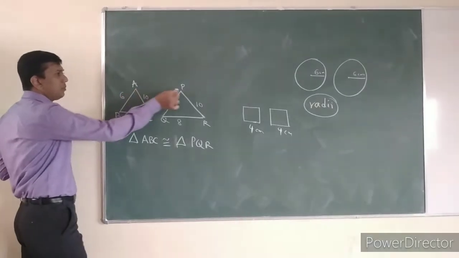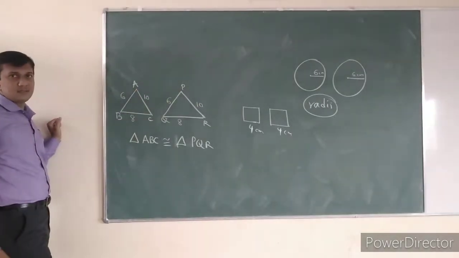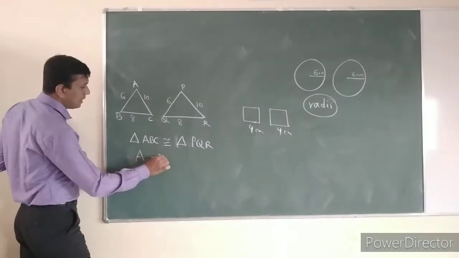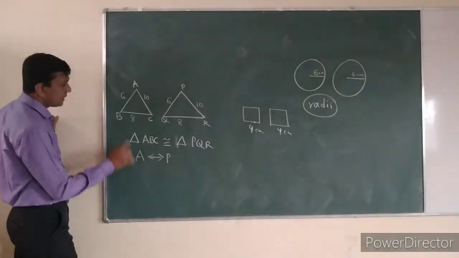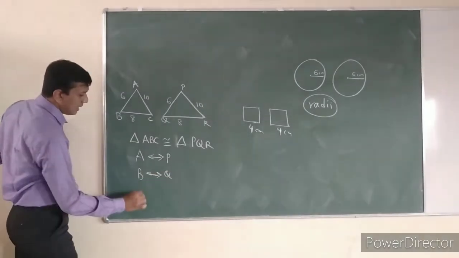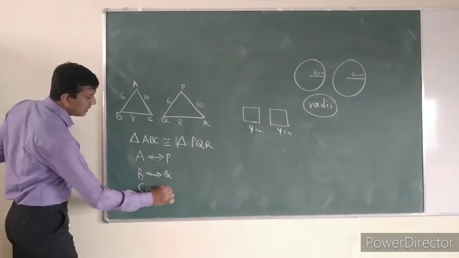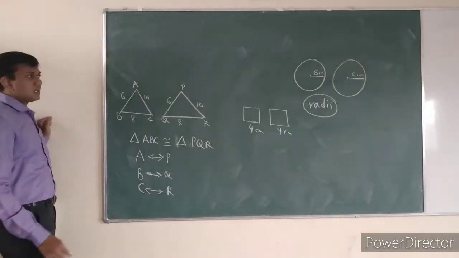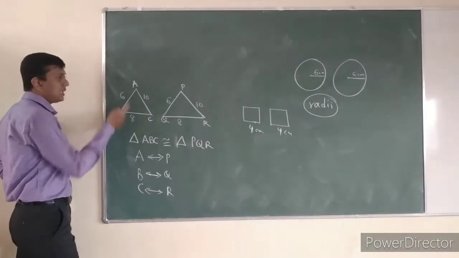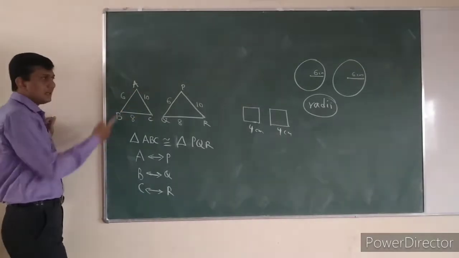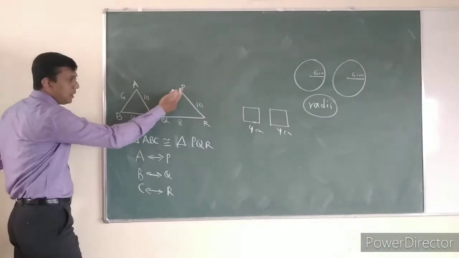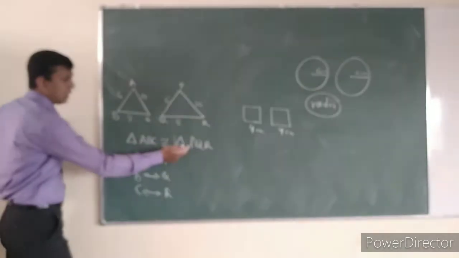Now A and P will be in correspondence, B and Q will be in correspondence, and C and R also in correspondence. So with the naming convention, as triangle ABC, in the same way you have to write the next triangle also: triangle PQR.